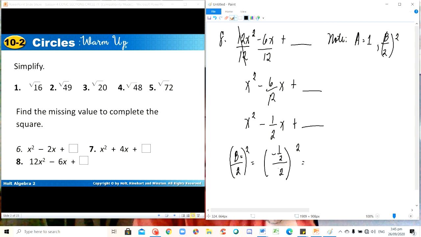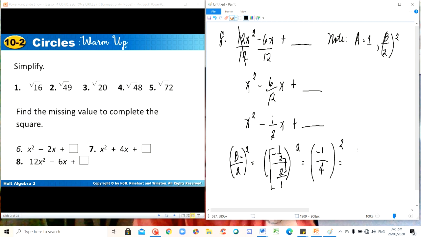The whole number is always over 1, and then you multiply the extremes and the means. So that's negative 1 times 1, which is negative 1, and 2 times 2 is 4. Now you have the numerator and the denominator, and then you square it.